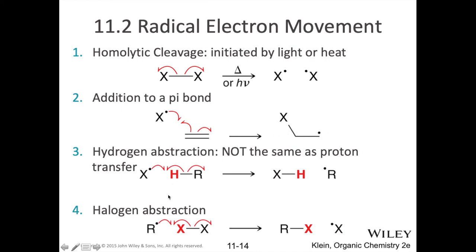Over here we have a hydrogen abstraction. This is where a radical comes in and plucks off a hydrogen from something with a hydrogen. Okay. Please note this is not the same as a proton transfer, though it is very similar. The key difference here, of course, is that we're using fishhook arrows and we're not doing a heterolytic movement of electrons.